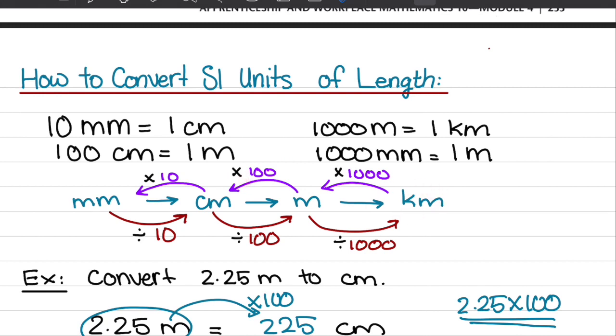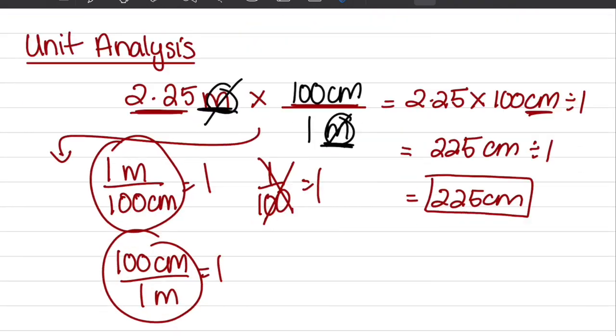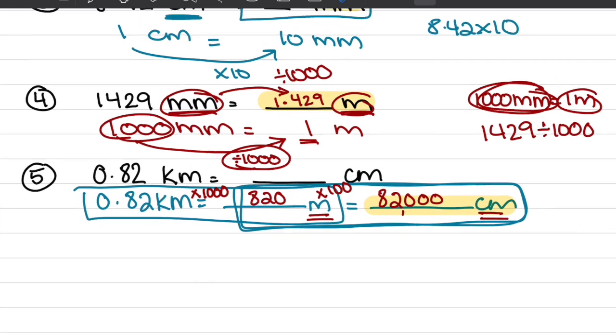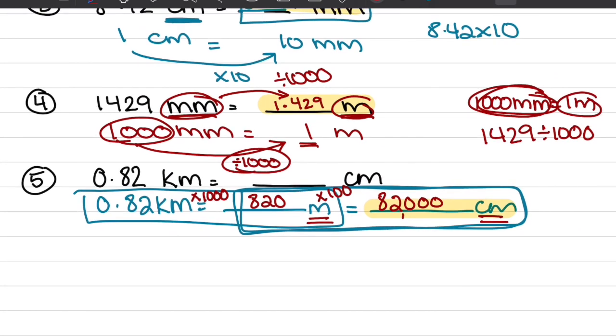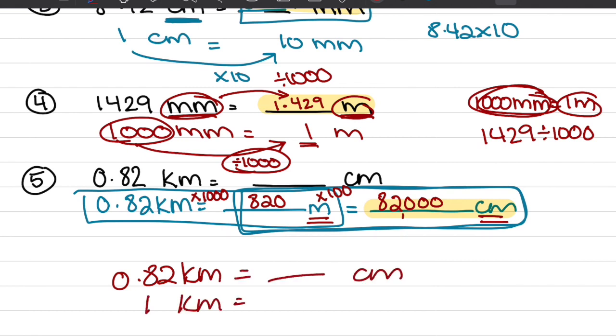So to go from kilometers to centimeters in one step, you multiply by 100,000. Why don't we actually try that together? So you're going to need your calculators. You're going to take 0.82 kilometers and convert it into centimeters. And we said that 1 kilometer is equal to 100,000 centimeters.